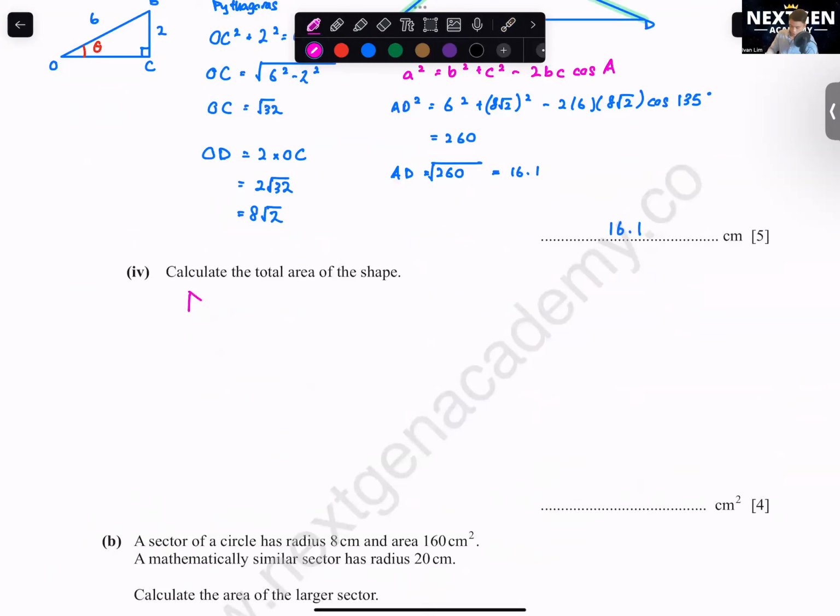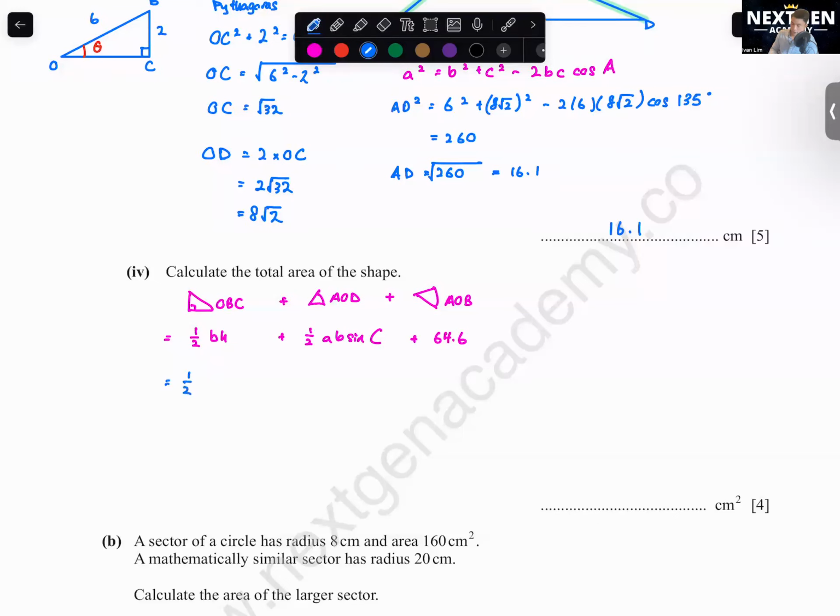So first one, the right angle OBC plus the triangle AOD plus the sector AOB. Okay, formula for this one is 1/2 base times height. This one is 1/2 ab sine C. And this one, okay, just now we already calculated from the second question.